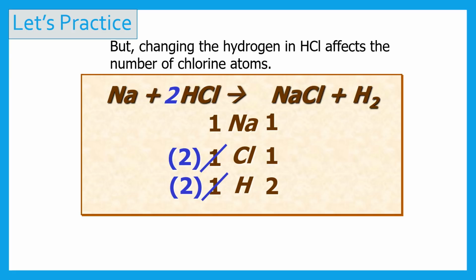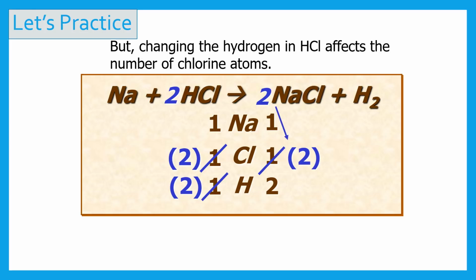So now this is no longer good. This one's good, this one's good, but we're going to have to make some changes to the chlorine on the product side. So we've got to bring that up to 2.